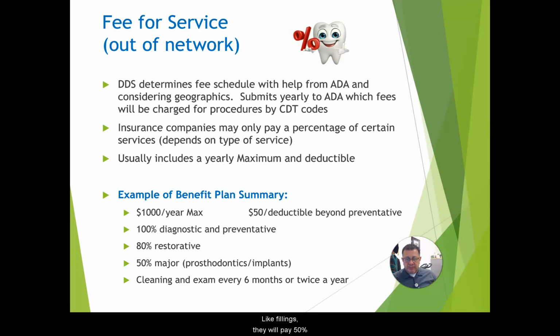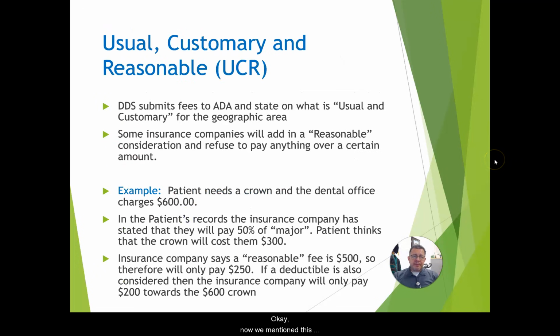They will pay 50% of prosto and implants sometimes. The cleaning and exam is every 6 months, but it could also be twice a year. So this is an example of a benefit plan. Now that you know that, this Home Depot employee has Delta Dental of California PPO, this is what they have. So now we know what to work with.